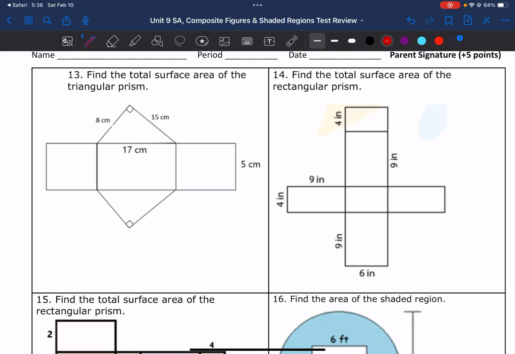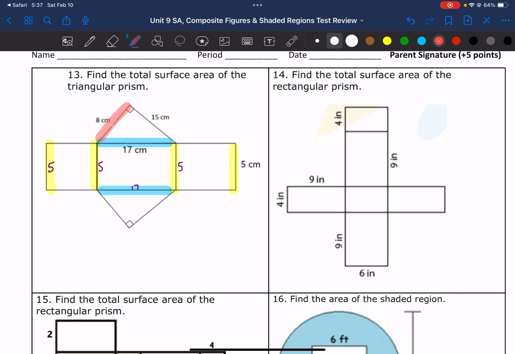So number 13, we're finding the total surface area. The first thing that I want to do is make sure that I have all of the lengths. So if this is 5, all of these that are parallel will also be 5. So 5 here, 5 here, 5 here, okay? Now, if this is 17, this is also going to be 17. Okay. Now, here we have to go through and we have to look at the triangle side.